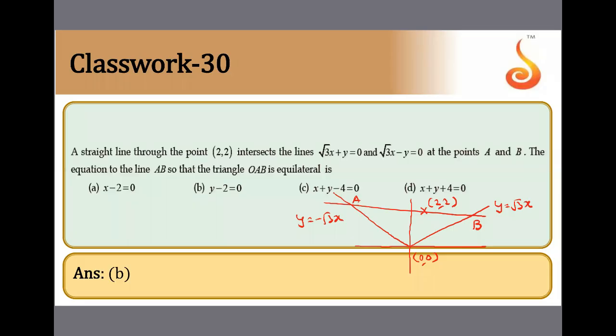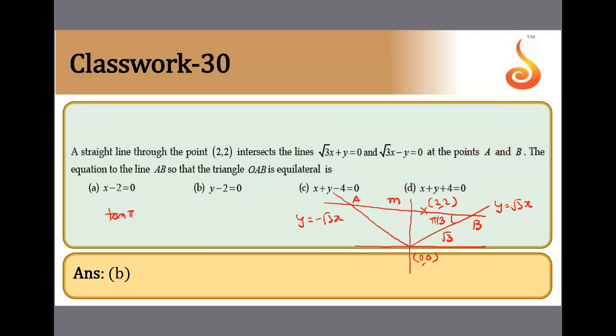Perfect now? Okay. So what happens? A and B are on the line AB, so the triangle OAB is an equilateral triangle. This angle is equal to pi by 3. The slope of this line is root 3. So what we do?